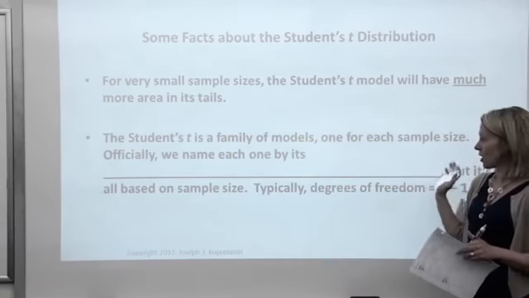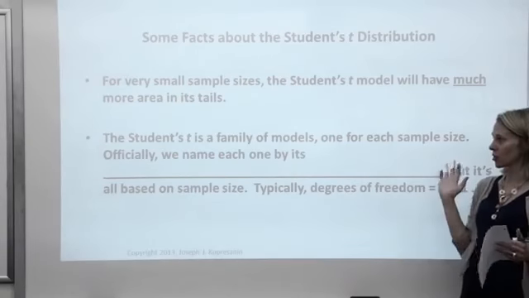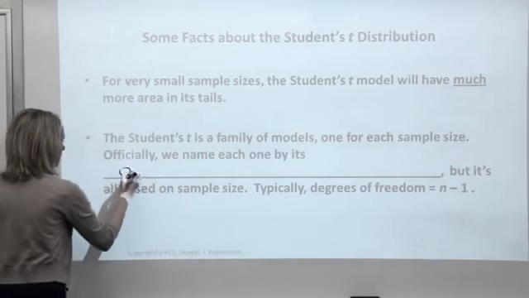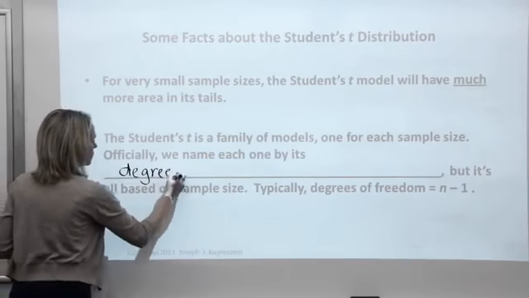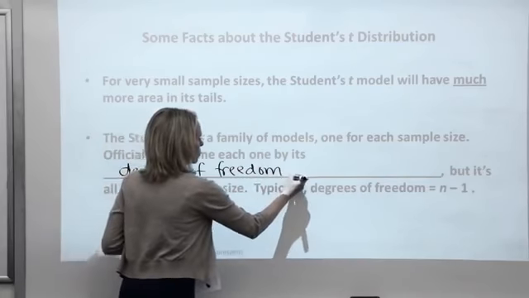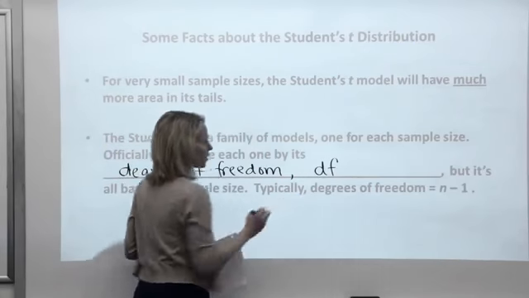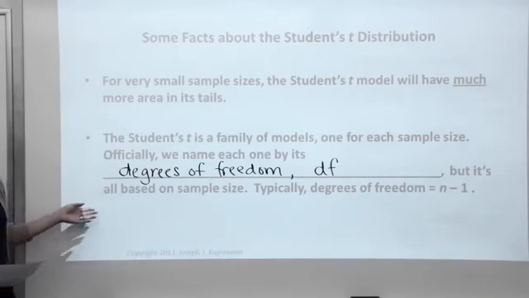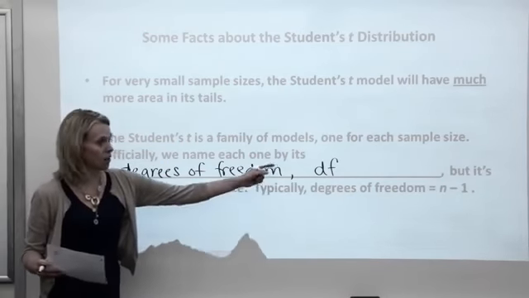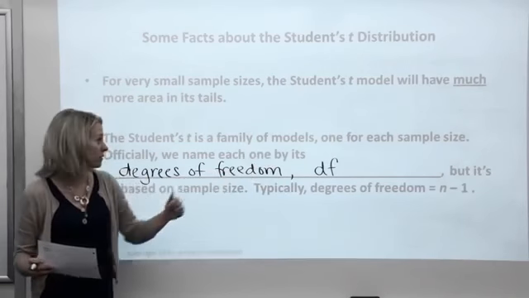There's one for each sample size, and so officially we name these by what's called degrees of freedom, which we'll often abbreviate with just the letters DF. But it's based on sample size. Degrees of freedom is going to be our sample size minus 1.